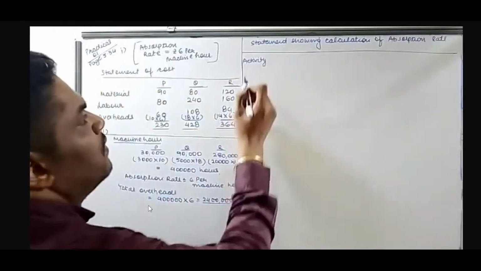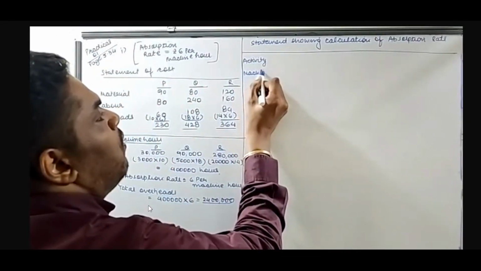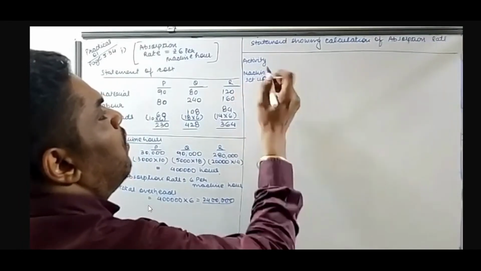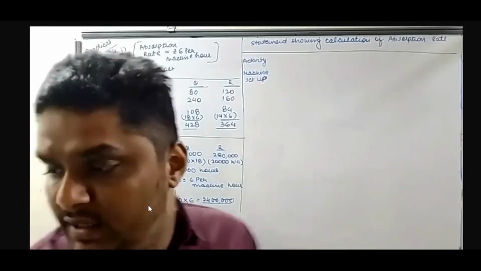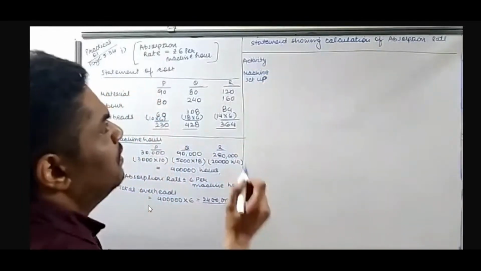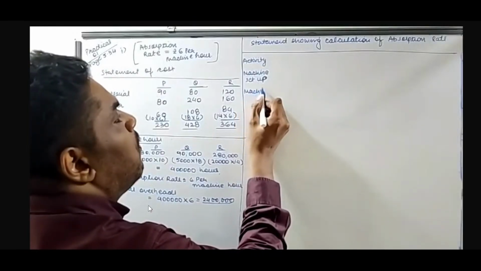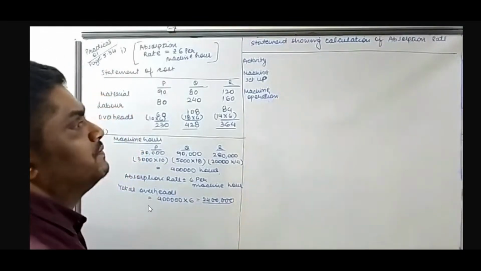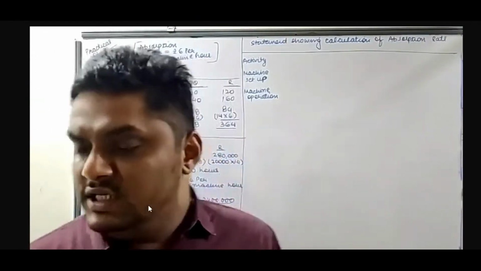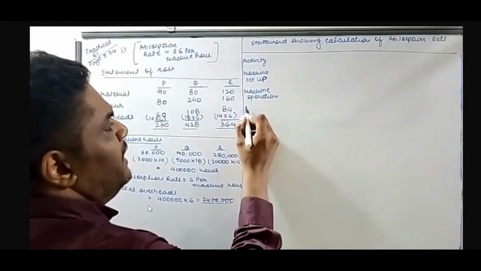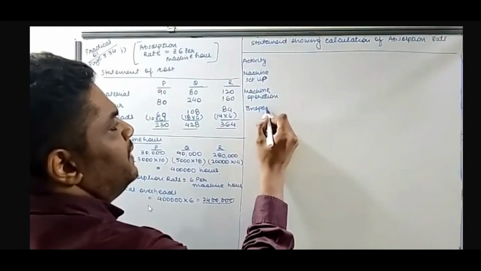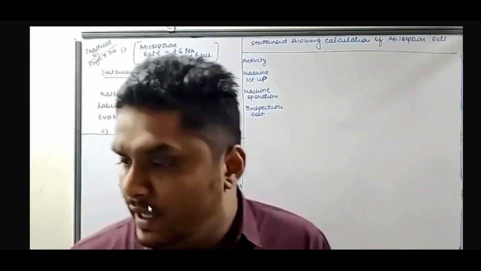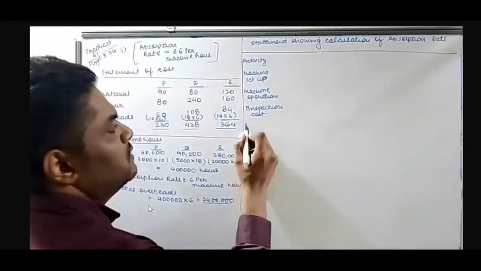Machine setup, machine setup is an activity. Machine operation, the next inspection cost, and the last one is material procurement related cost.